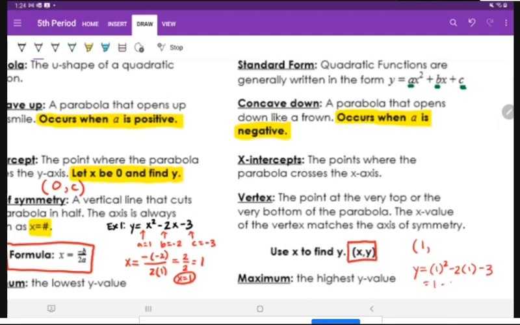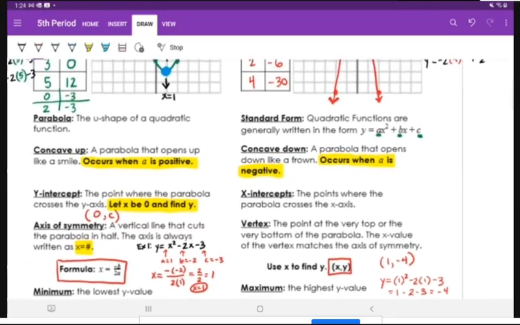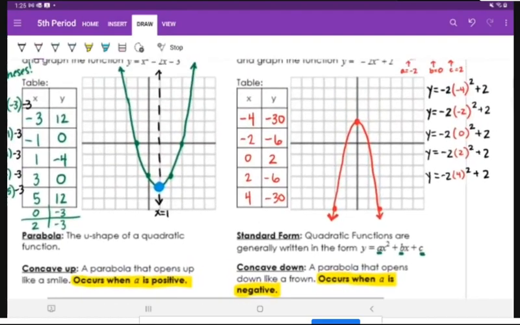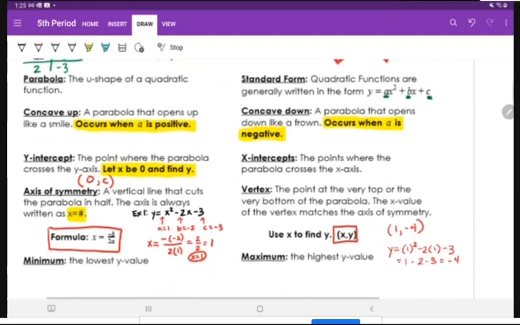We could plug this into our calculator. We end up with minus 4. So 1 comma negative 4 would be our vertex. Now, we only have to do this process if we don't have a picture to look at. If you have a picture to look at, just find the point. 1 comma negative 4, we can just see that on the graph. I'm just showing you how to find it algebraically if you don't have a picture.